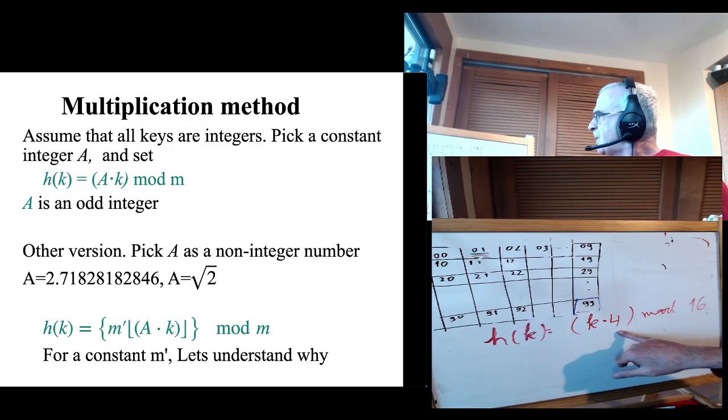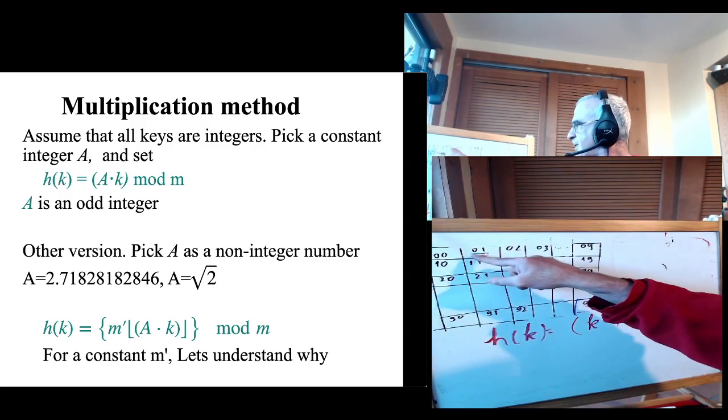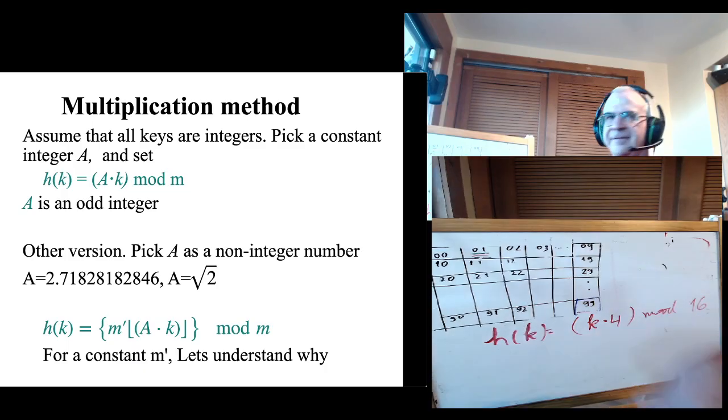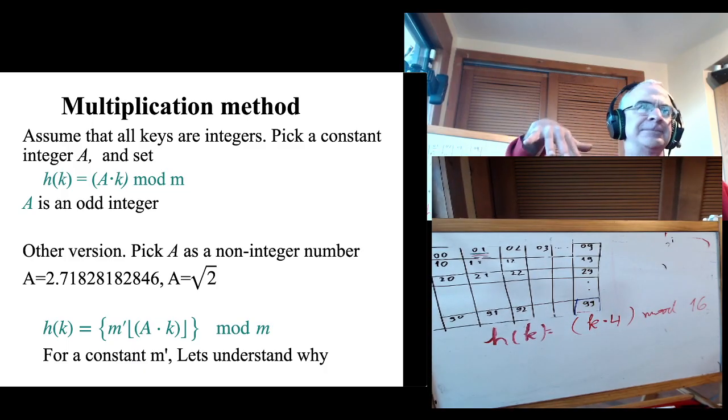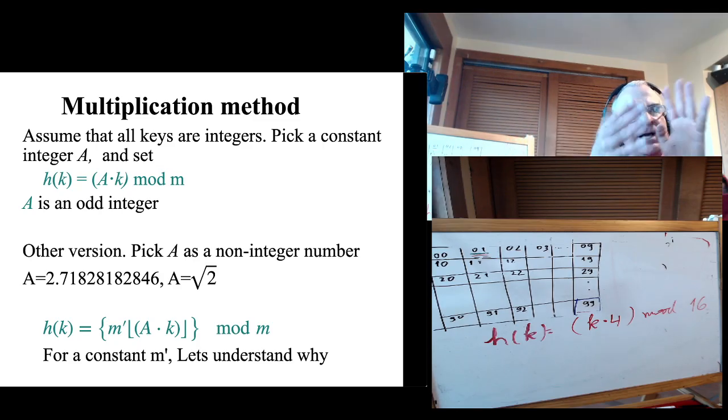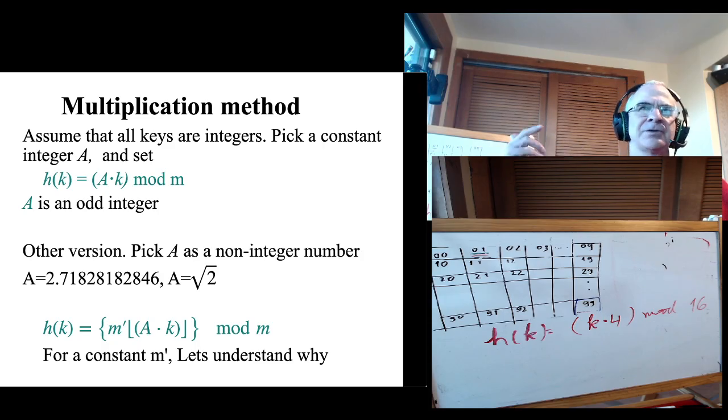Actually, sorry, in this one, no. Cells 1, 3, 5, and so on will never be hit. I'll never store anything in these cells, meaning that the other cells, the even cells, now need to collect all the keys in them. Your search time will be much higher because all the keys are concentrated in them.